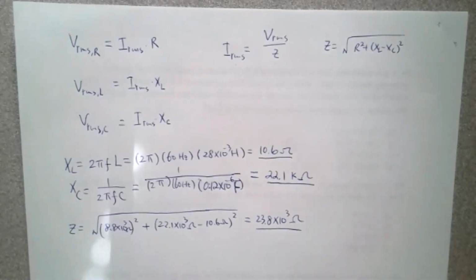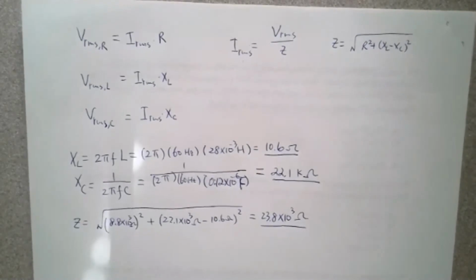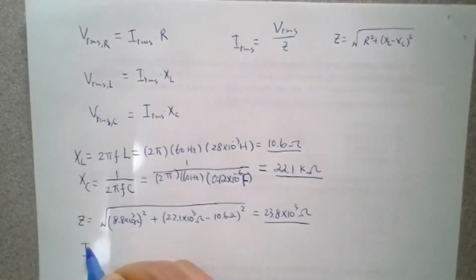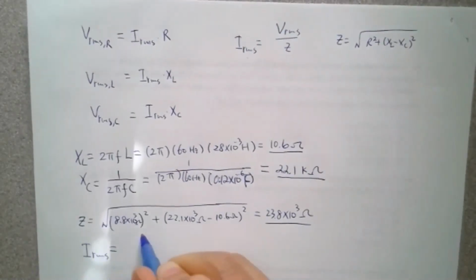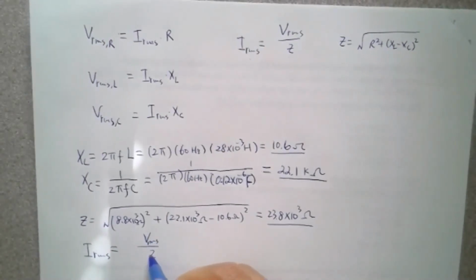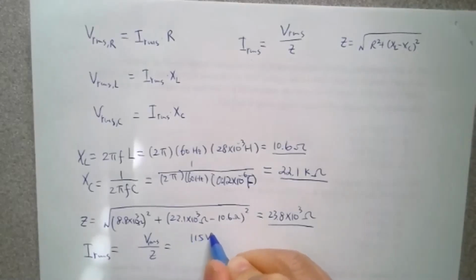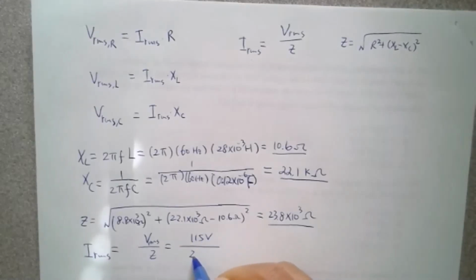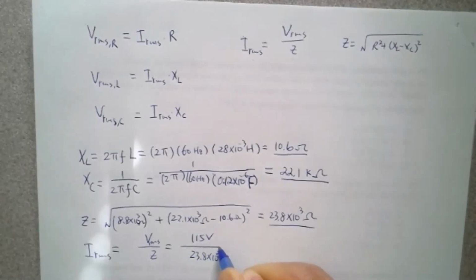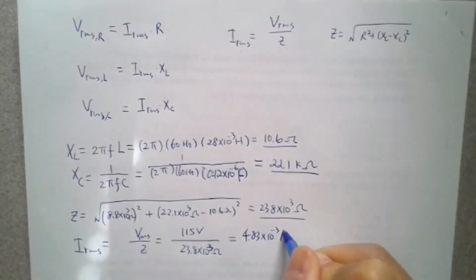That's your Z. Now you can calculate IRMS, which will be equal to VRMS over Z. Your V is 115 volts divided by Z, 23.8 times 10 to the positive 3 ohms. That gives you 4.83 times 10 to the negative 3 amps.